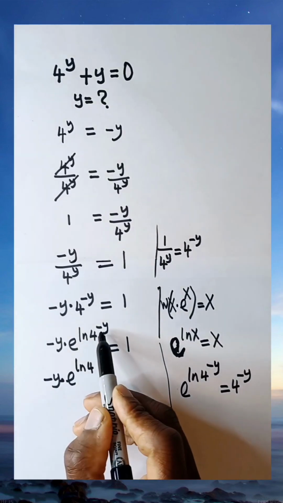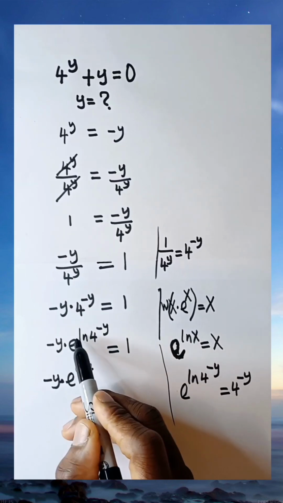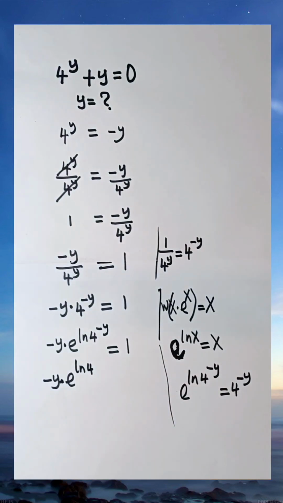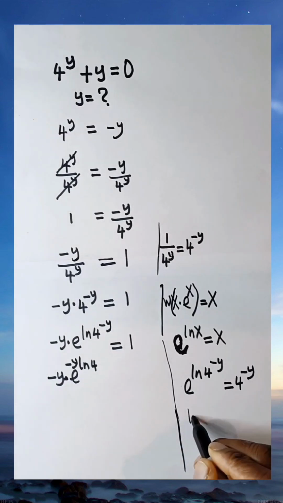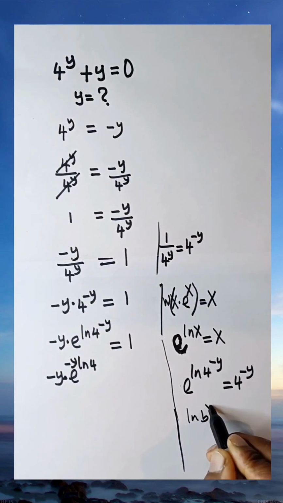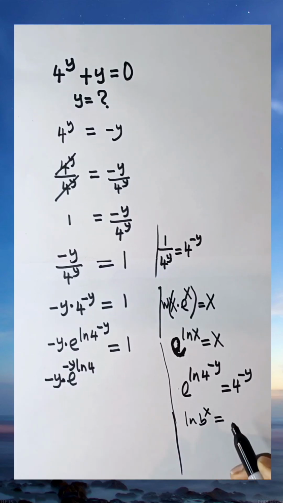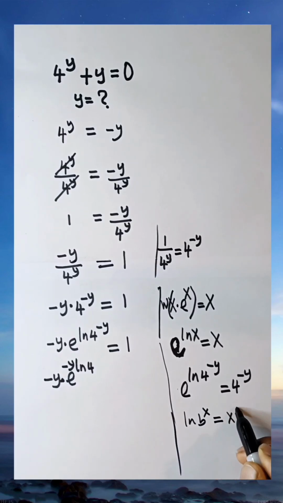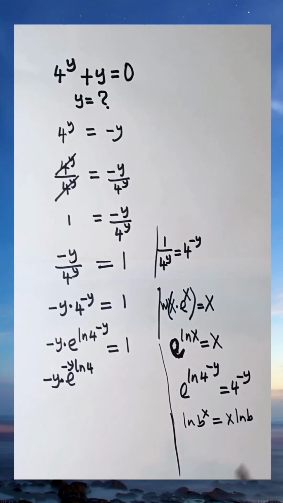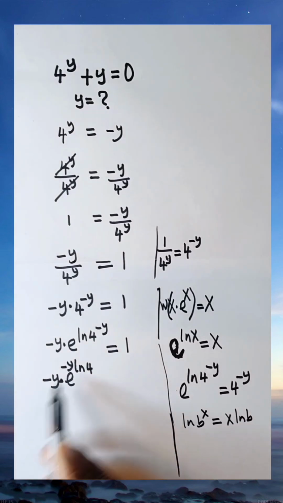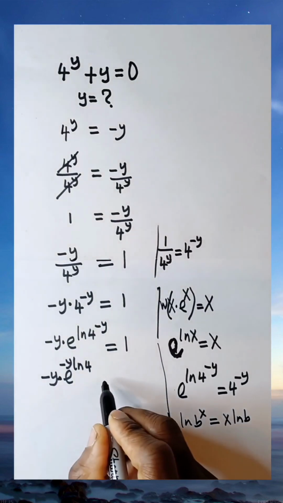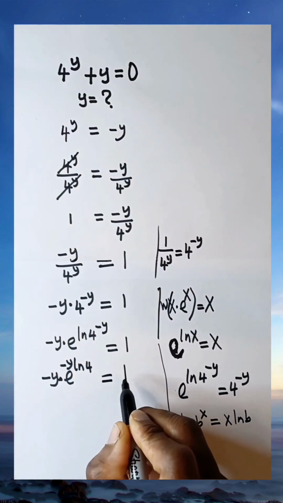We are going to bring this minus y to the back. The law of indices allows us to do so. If we have the natural log of b raised to the power of x, this can be written as x times the natural log of b. Okay, that is what we have done here. Okay, and this is equal to 1.